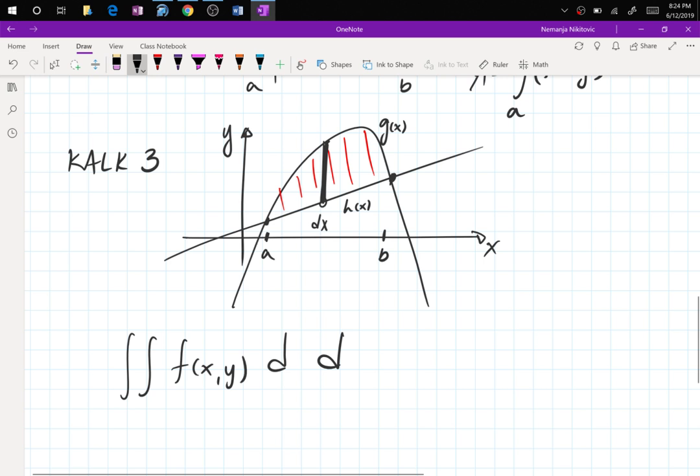So dx works, so I'm going to put x on the outer, and the corresponding limits are A and B. Now, since dx is on the outer, the y has to be on the inner. And now that's going to be top minus bottom. So the top, which is g, goes on top, and the h of x, which is the bottom function, goes on the bottom.